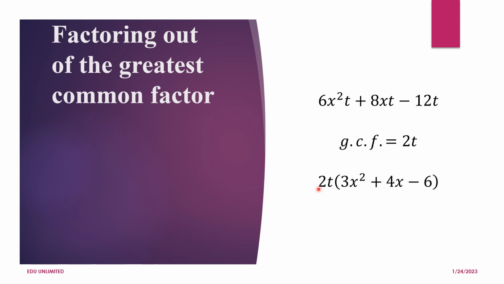If we test, 2 multiplied by 4 gives us 8, and t multiplied by x gives us 8xt. And then 2 into 12 gives us 6. The t is already there, and if we were to multiply, 2t times negative 6 would give us negative 12t. And so we pull out the greatest common factor in this example, which is 2t.